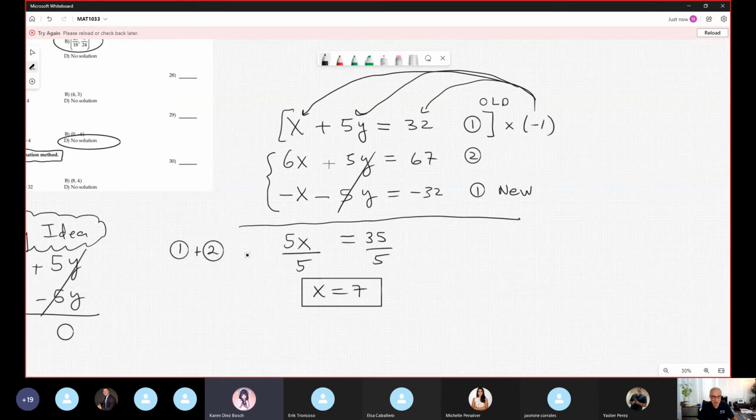So you replace x with 7: 7 plus 5y equals 32.